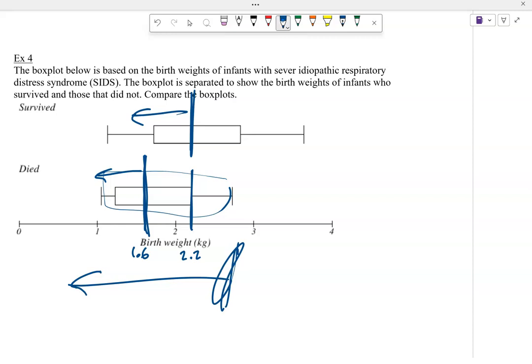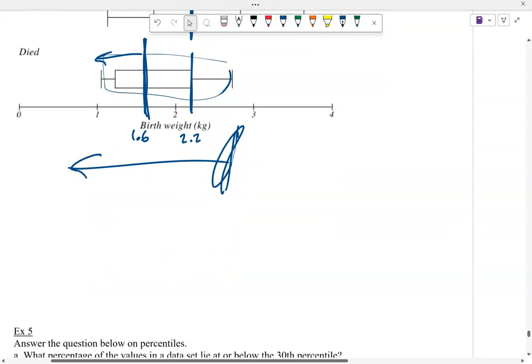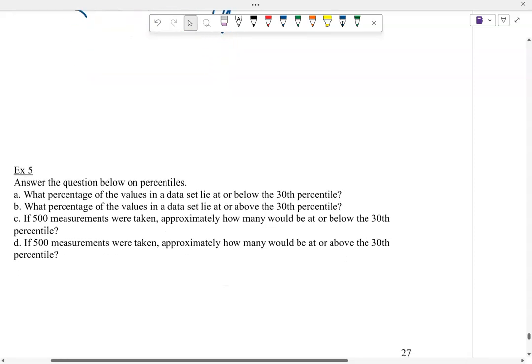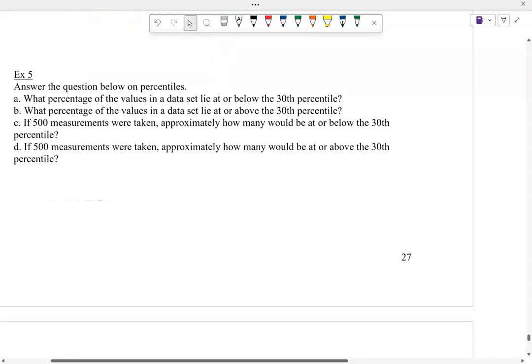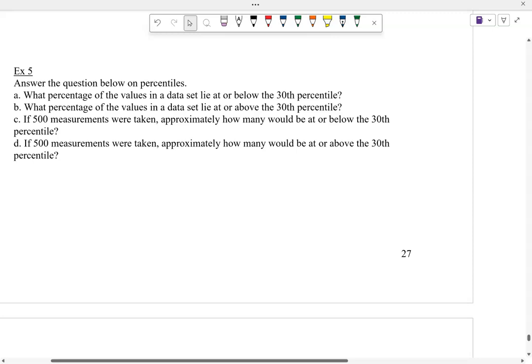So we can see the median birth weight of the infants that survive is the same as the third quartile of the infants that pass away from SIDS. That's how you want to analyze that: think about your quartiles. Next question below on percentiles.